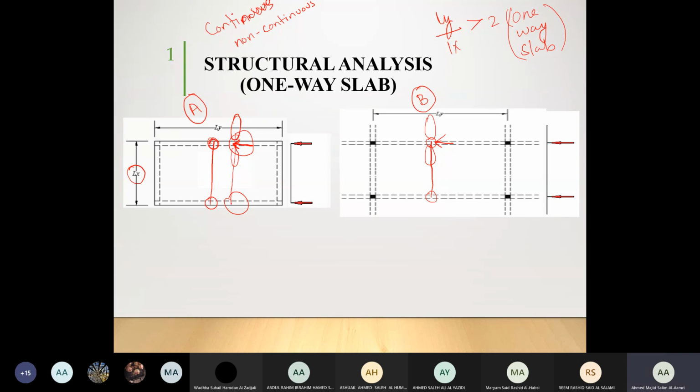I didn't do any continuation here, because this support is considered non-continuous or discontinuous. Why is it discontinuous? Because we don't have any other surrounding slabs. Are we clear about that? Yes, Mr.